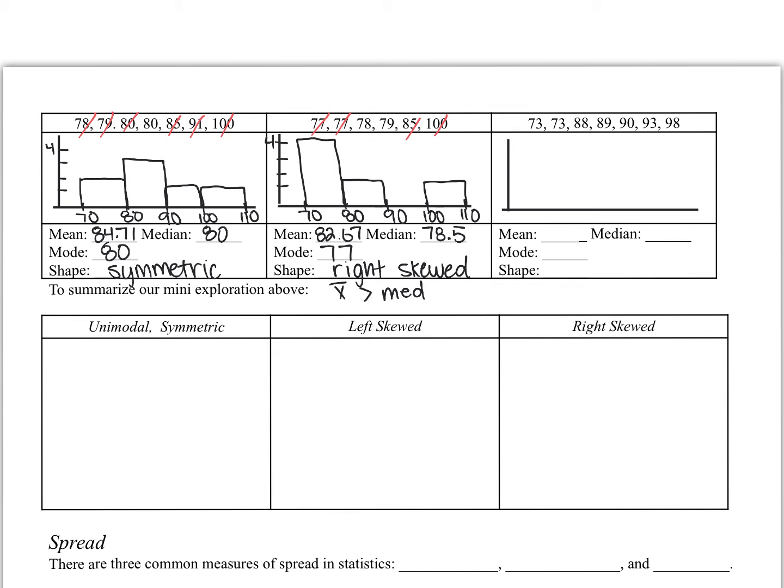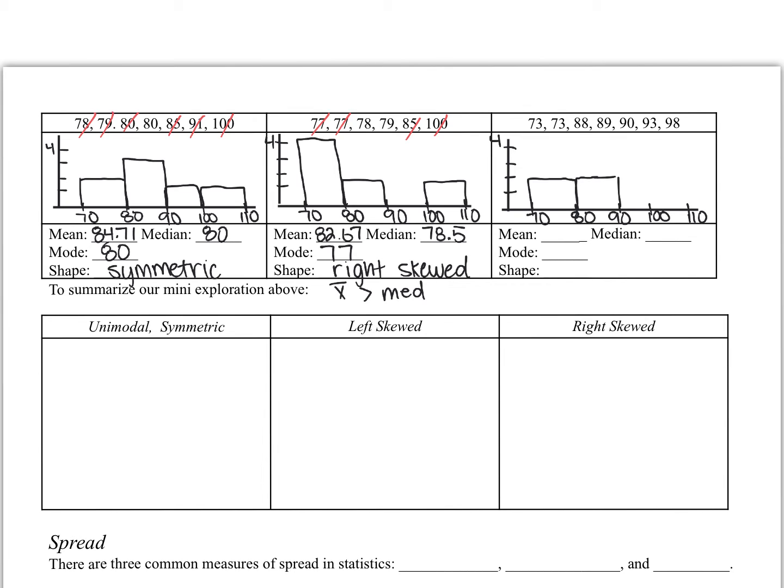Last set of data. So first I'm going to set up my scales. So between 70 and 79, I have 2 pieces of data. Between 80 and 89, I have 2 pieces of data.